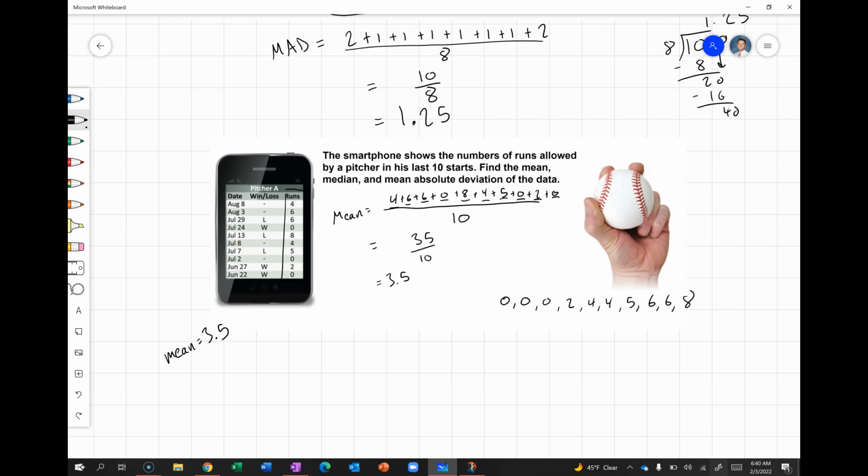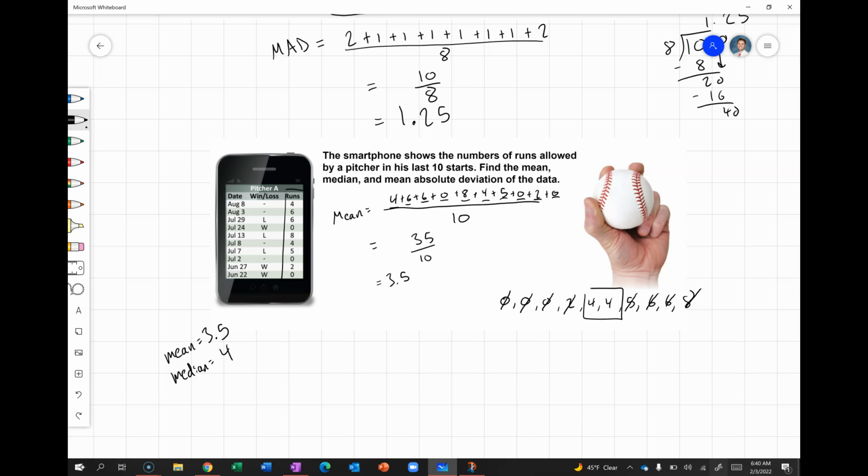Let's make sure that's 10 data points. 1, 2, 3, 4, 5, 6, 7, 8, 9, 10. Okay, so finding our median. Since both of the middle values are 4, our median is 4.